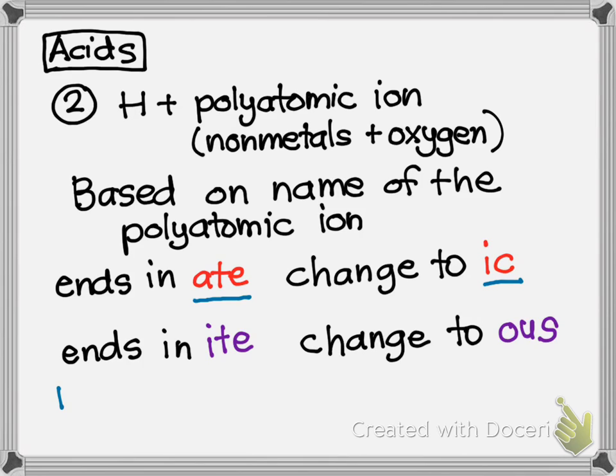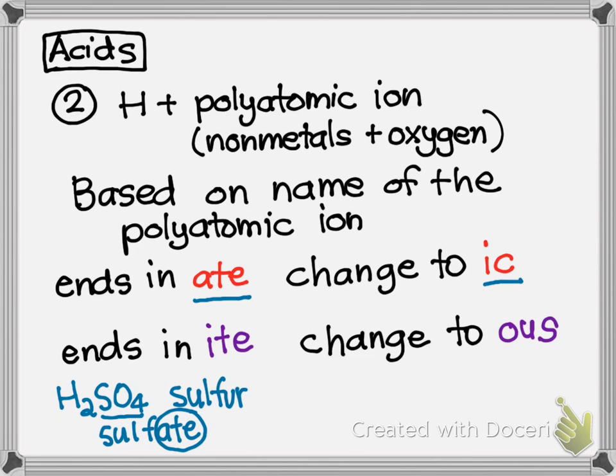So if I had H2SO4, this right here is sulfate. See, there's the ate, so you change it to ic. So they call this sulfuric, and then you put the word acid.